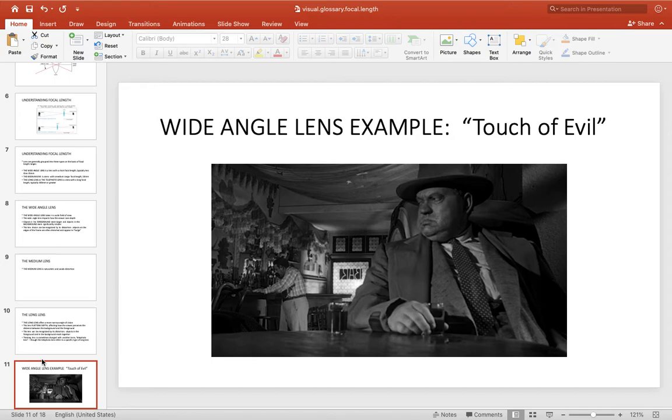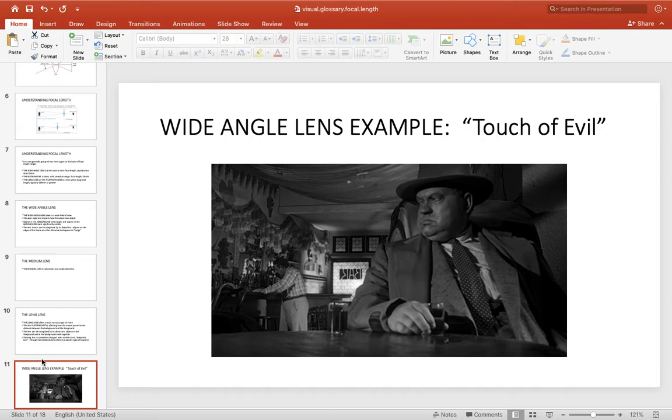It was known for its stylization in mise-en-scène and in things like angles. Orson Welles, of course, was very influenced by German Expressionism. Other directors were as well, Alfred Hitchcock. So it's not a coincidence that Orson Welles would use the wide angle lens, which can result in this kind of distortion.